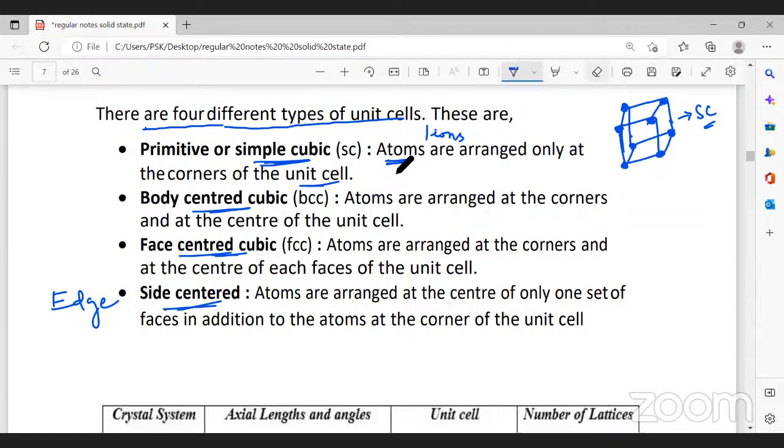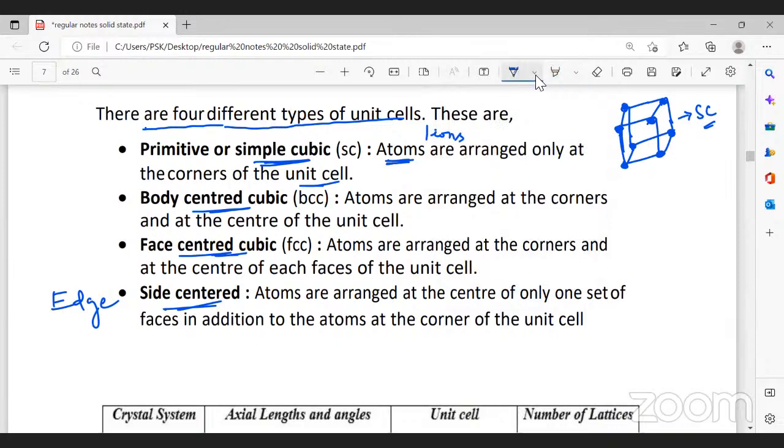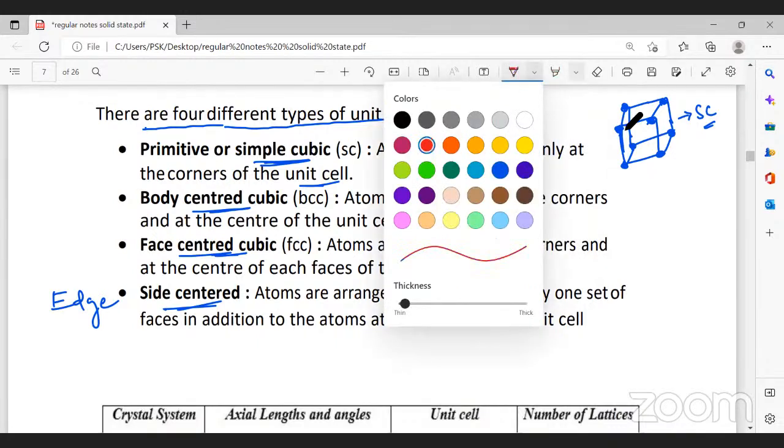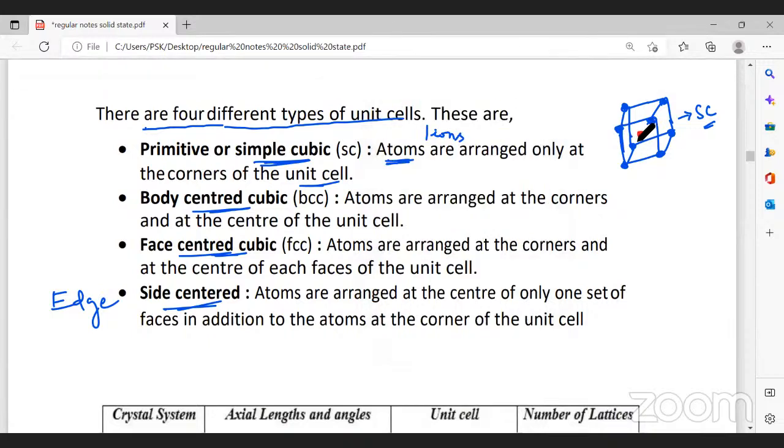Now, for a body-centered cubic lattice, this is a representation of a simple cube. If I want a body-centered cubic lattice, I am placing one more particle at the center of the cube.